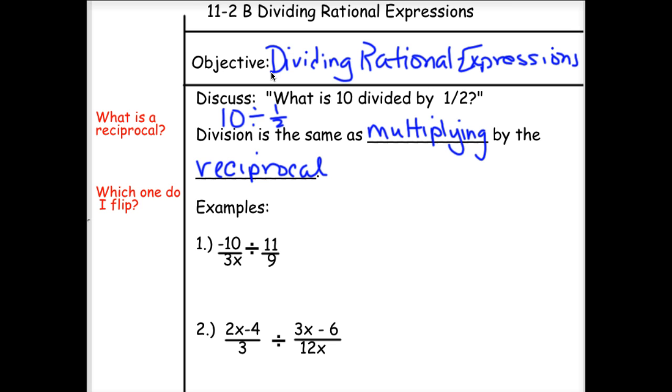That means instead of saying 10 divided by 1/2, we can rewrite that as 10 times the reciprocal of 1/2, which would be 2/1, or just 2. So we're going to get an answer of 20. And if you think about it, you have 10 pies and you cut them in half, you would have 20 pieces. All right, so a reciprocal is just a fraction flipped over.